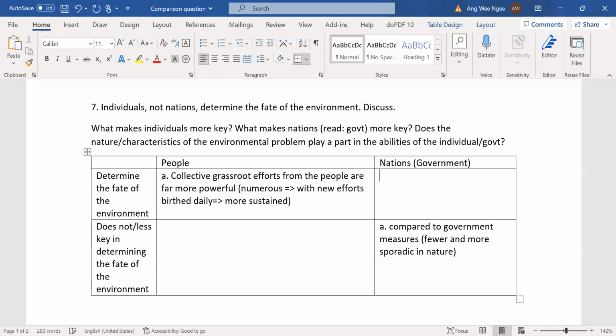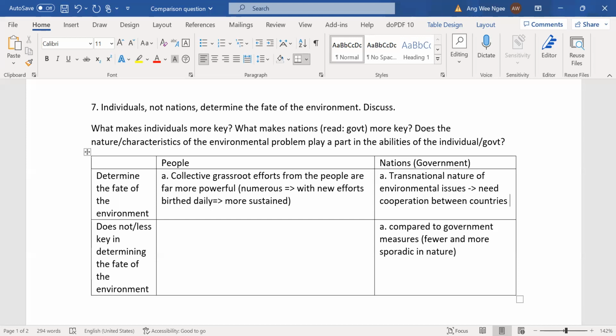So here you can talk about how, let me type it down, transnational issues necessitate the cooperation between countries.